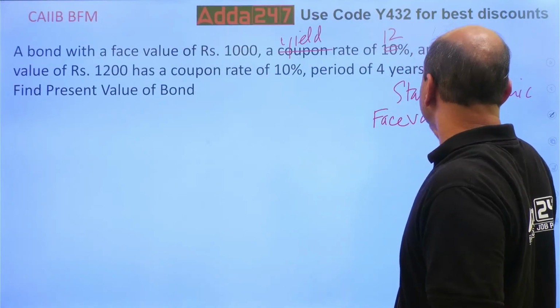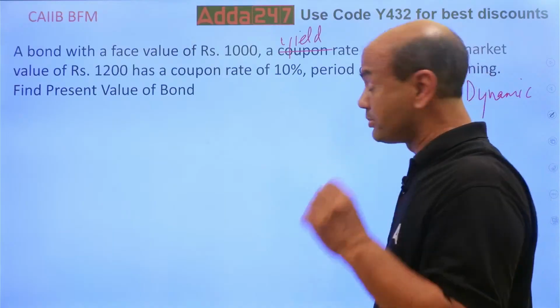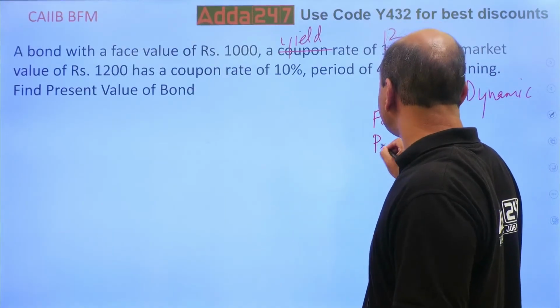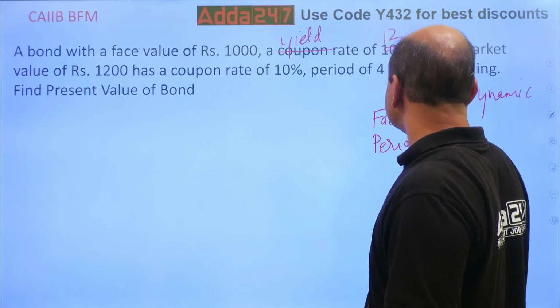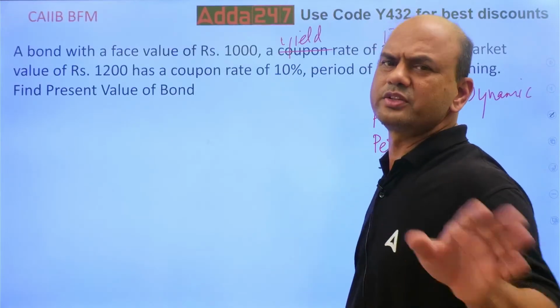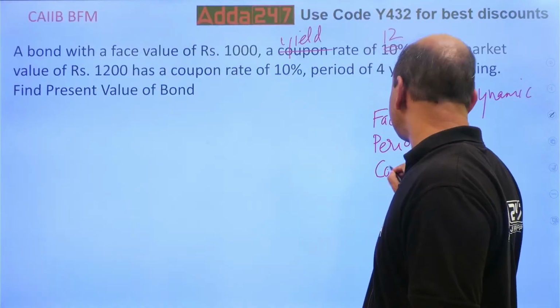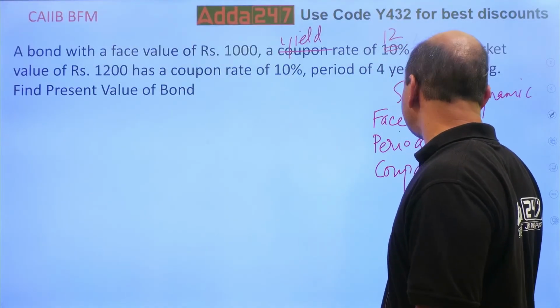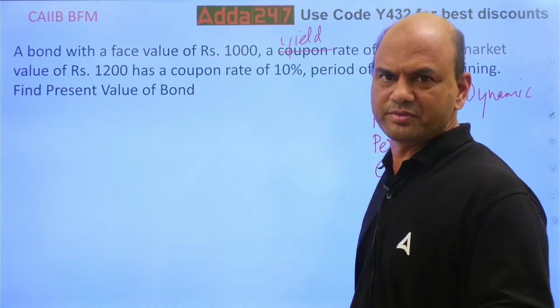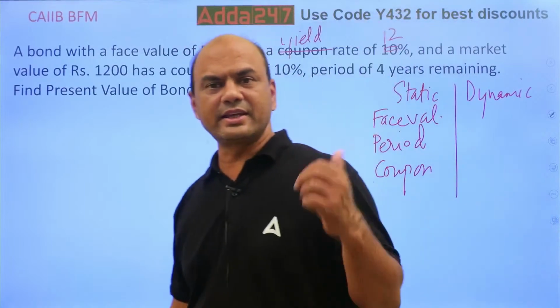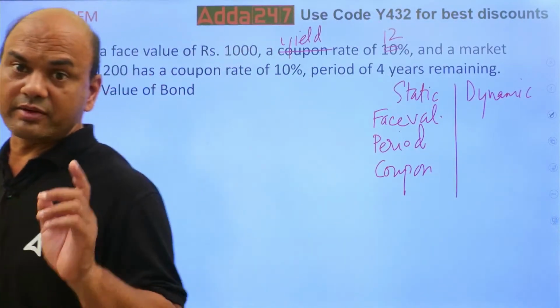Second one, period. Once a period is confirmed, it will never change. Period of the bond, 5 years. Third, coupon, the fixed rate of interest which the bond gives. Coupon is like the FD interest. So these 3 are static. They will never ever change.